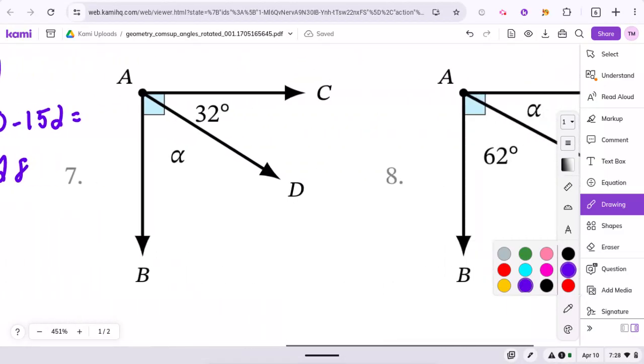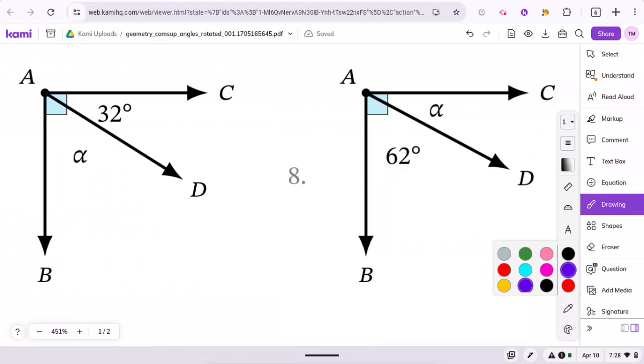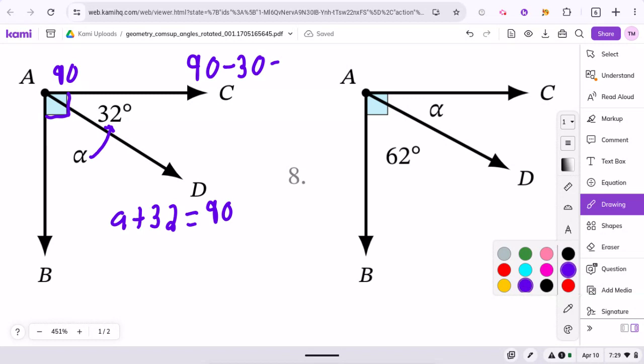Here's another one with now a right angle. So remember, this right angle would total 90 degrees. So you could do it either way for this one. You can say A plus 32 equals 90, or you can do 90 minus 32 would give you the angle you're missing.